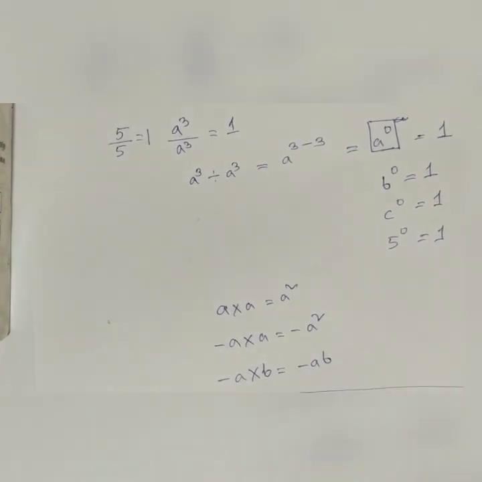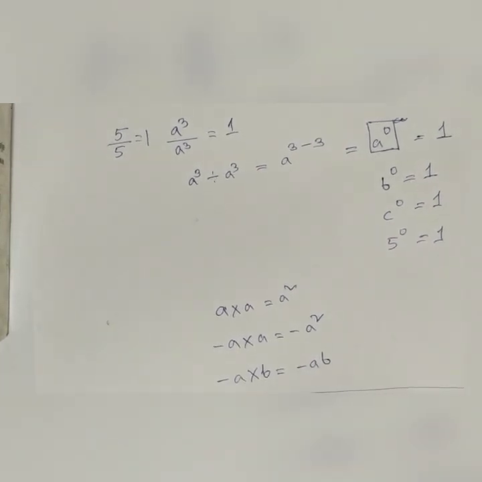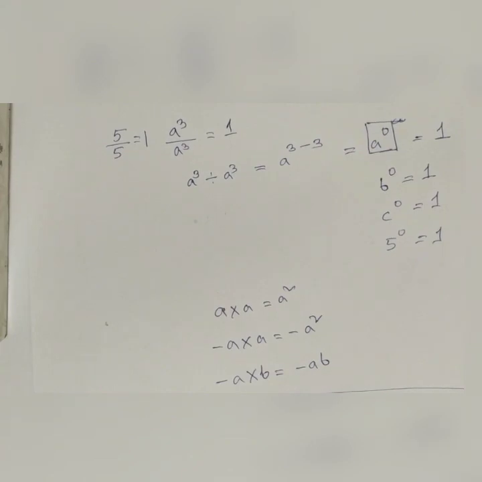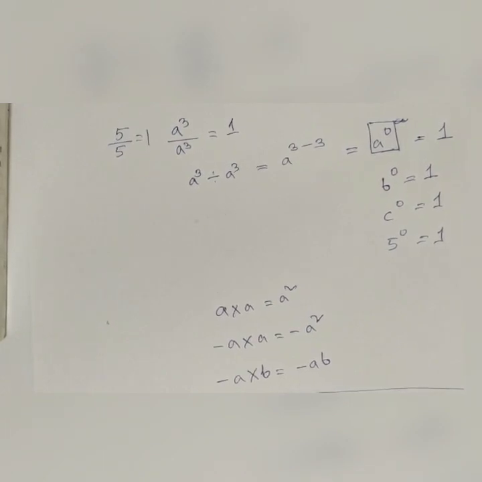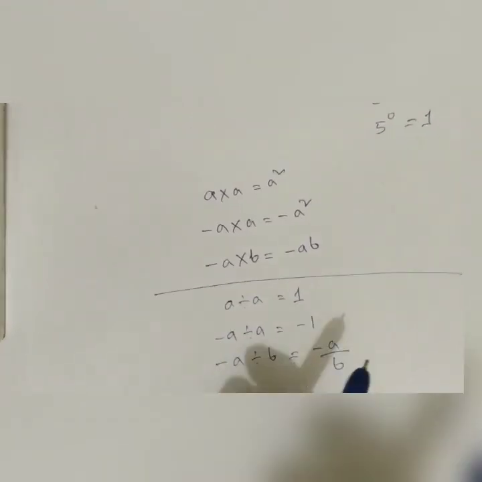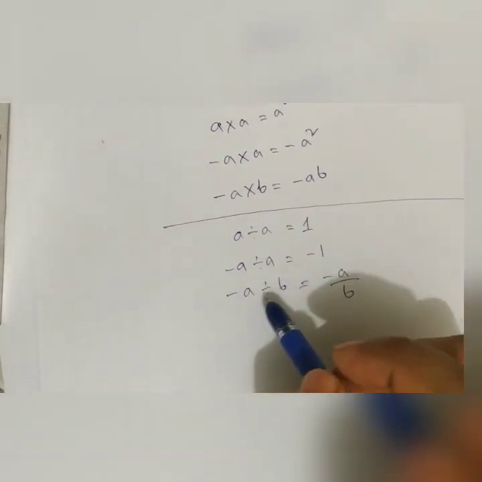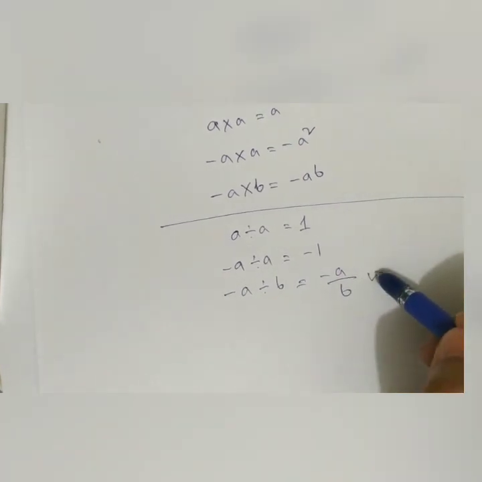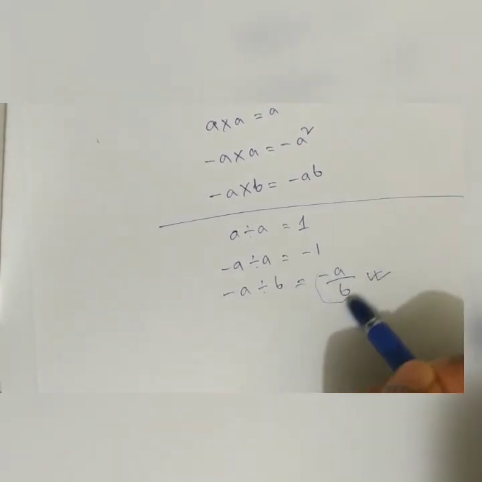Similarly, if we divide a divided by a, if there is no sign, the answer is 1, right? Minus a divided by a, we get minus 1. Minus a divided by b equals minus a by b. So if there is an odd number of negative signs, always the answer will have a negative sign.